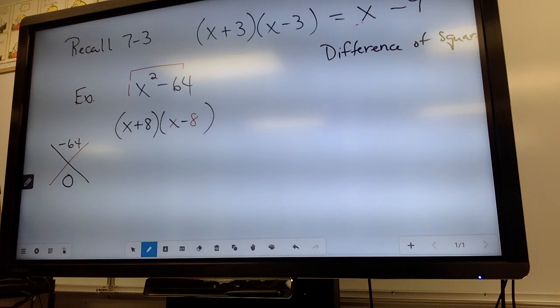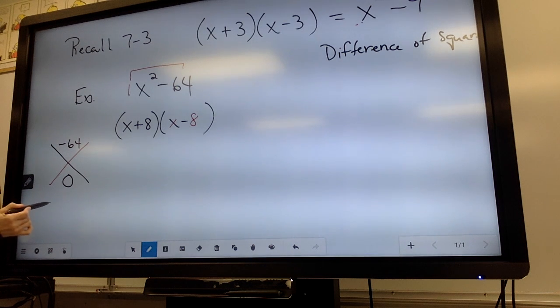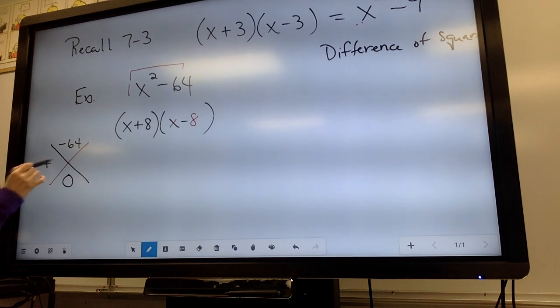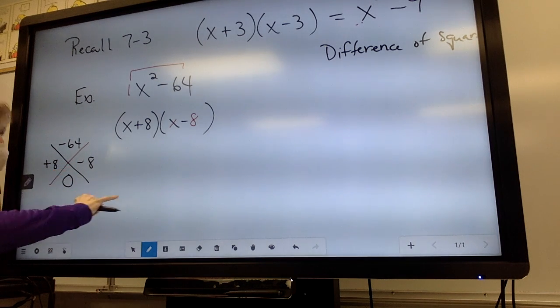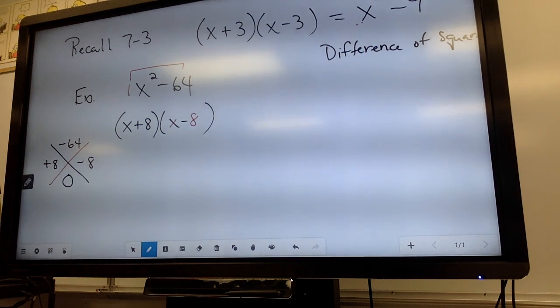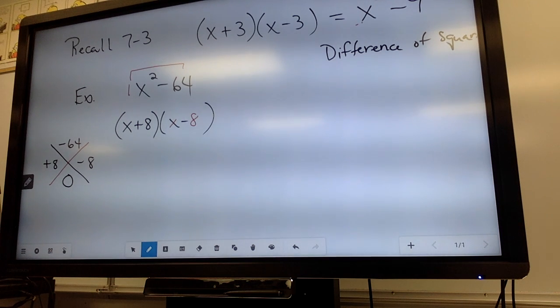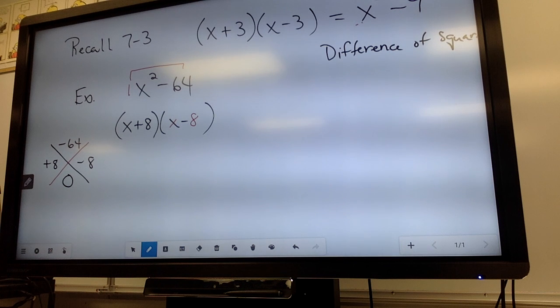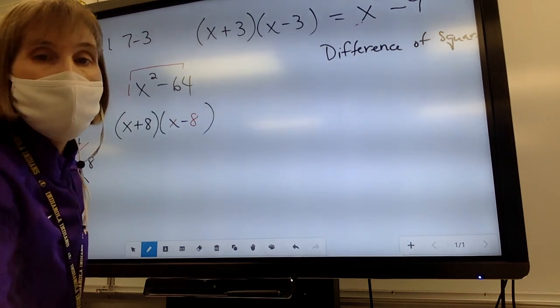So what factors, when I multiply, I get negative 64, but when I add, I get 0? That's where you'd say plus 8 and minus 8. And that's what goes into your parentheses. So you can still use the x method with a binomial. It's just that middle term, that linear term, isn't there. It's 0 for a coefficient.